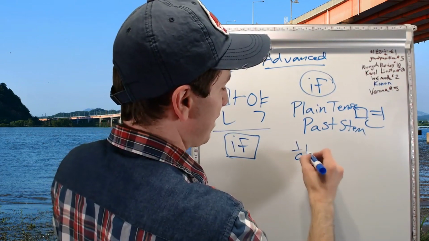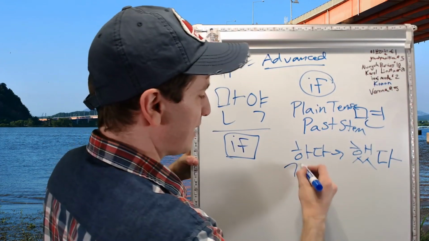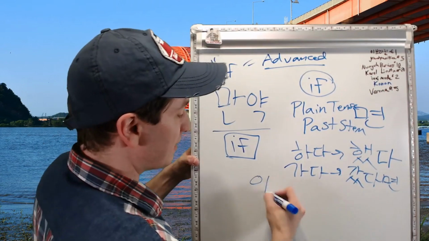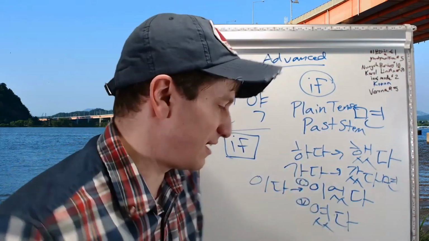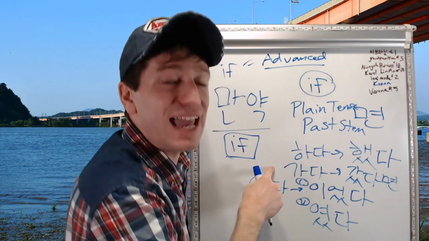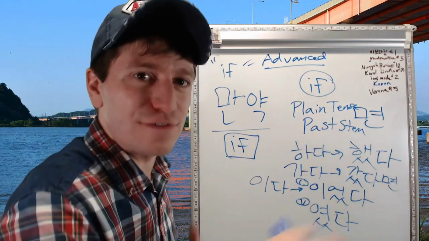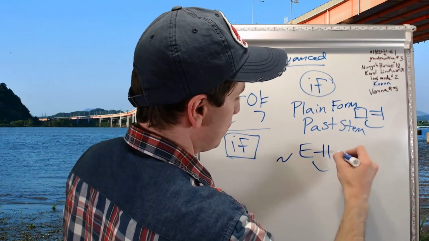An example of that would be 하다, to do, will become 했다면, or 가다 will become 갔다면, or 이다, to be, 였다면 or 이었다면. So it's like if it had done, if it was, if he had gone, if he did it. So if he had, or if I had, or if something had happened, then they use this together with 텐데 or 텐데요.